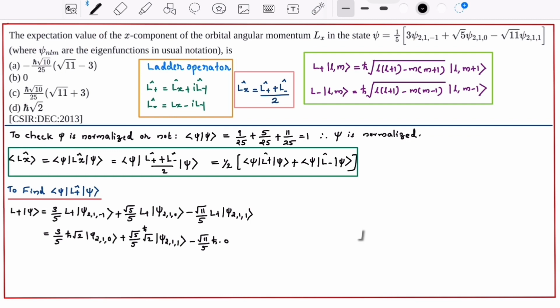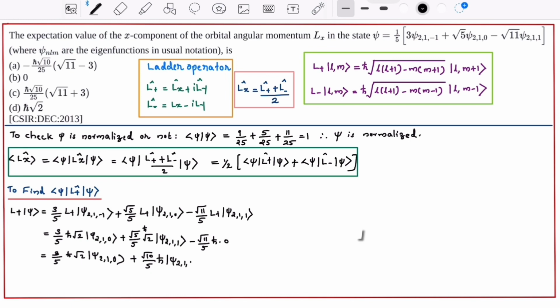So L plus psi equal to 3 by 5 h bar root 2 psi 210 plus root 5 by 5 h bar root 2, that is root 10 by 5 h bar psi 211.